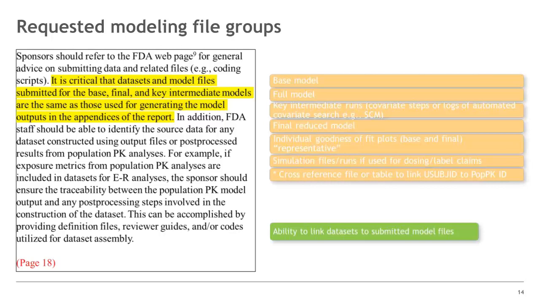And I think it's the last piece that I've interpreted in this is my little box in green there, which basically says they would really like the ability to link data sets and submitted model files to the analysis and to the conclusions. So the more information you can provide them, the better. Whether that information needs to be provided in the report itself or in a supplementary guide, that's kind of up to the sponsor to determine. From a best practices standpoint, though, it should be included somewhere.